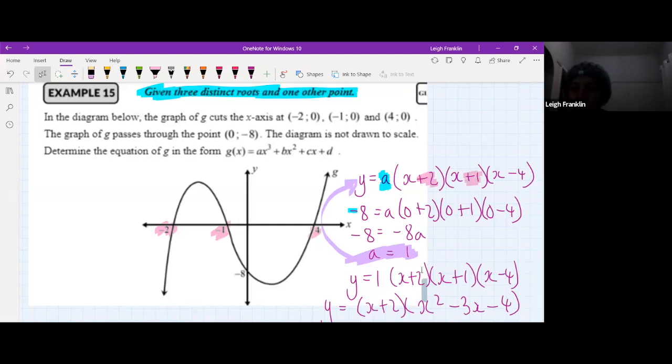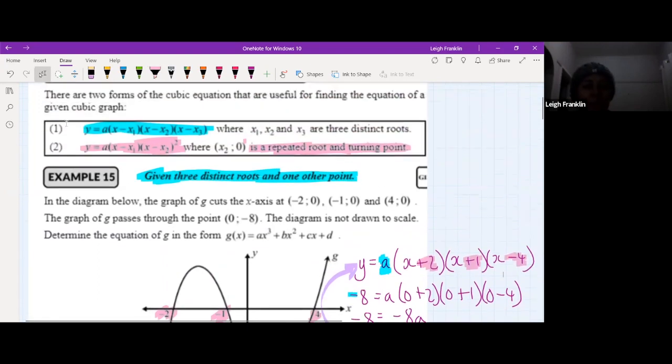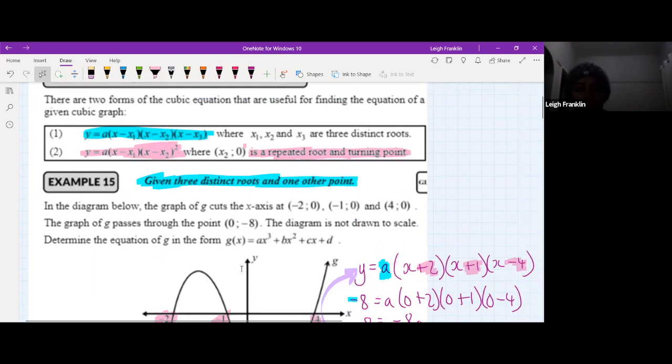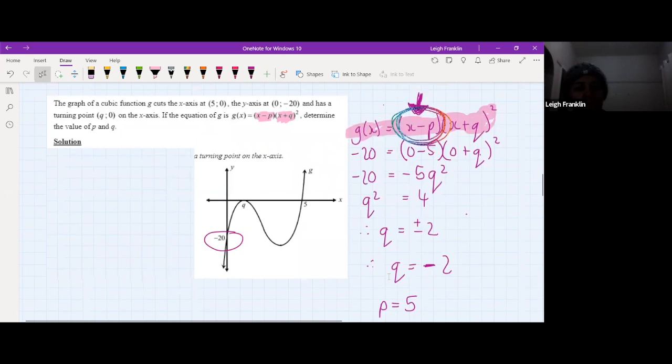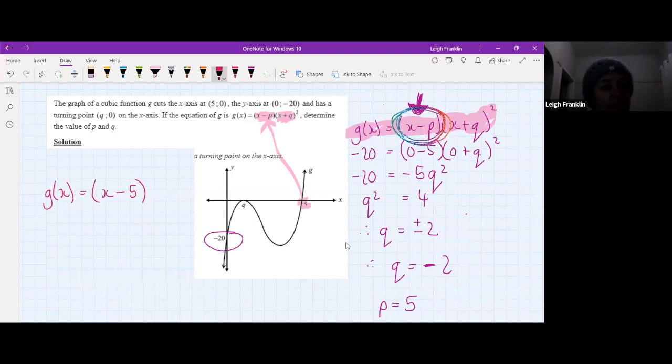This was 4, and when I subbed it in here, it was minus 4. So when I'm subbing it into the form x minus x1, it changes its sign. It's the same story here. When the 5 goes into this bracket, it's going to end up being g of x equals x minus 5, and then you're going to end up with your x plus q squared.